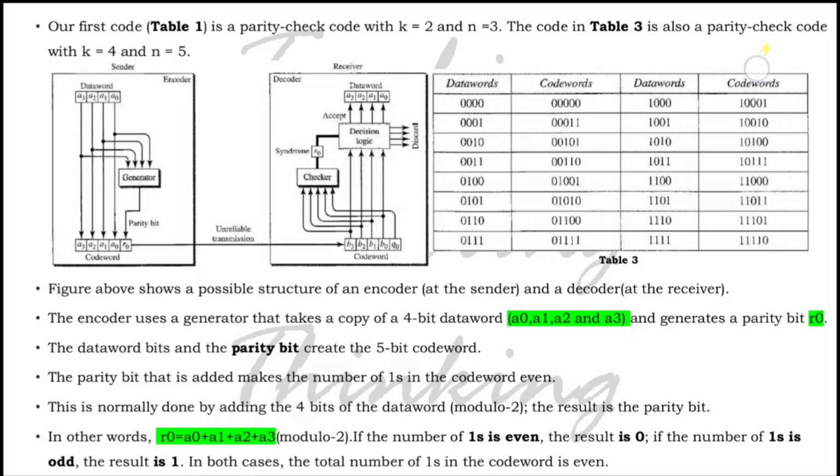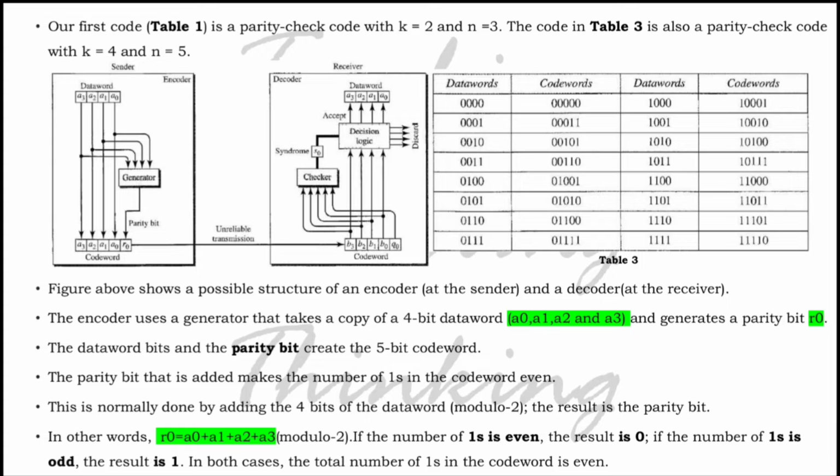In the figure, there is a sender and a receiver, and the data word A3, A2, A1, A0, and there is a generator function which adds a parity check. So A3, A2, A1, A0 and R0.